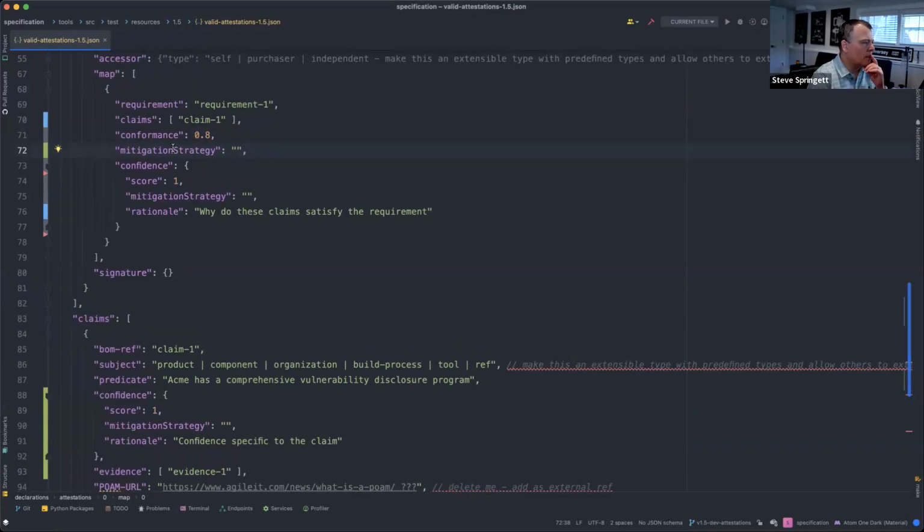Or maybe it becomes part of, because, you know, you could have the same claim used for multiple different requirements, and in one use of it, you could be 100% compliant, in another, you'd be 80%. And with that, you could have a mitigation strategy.